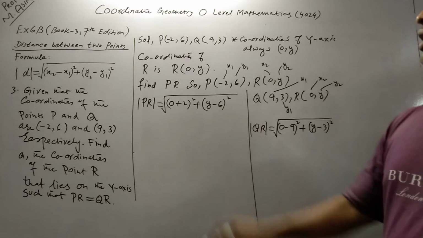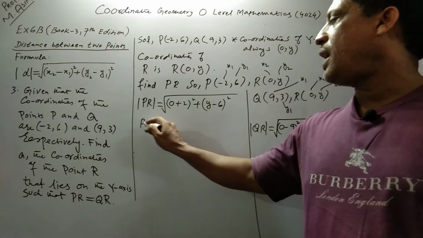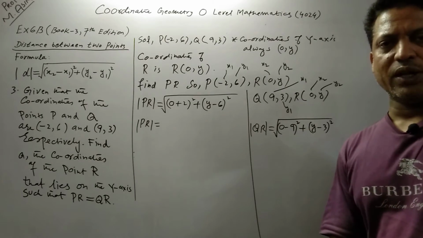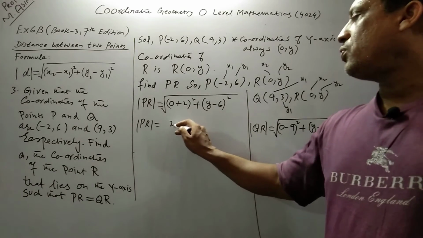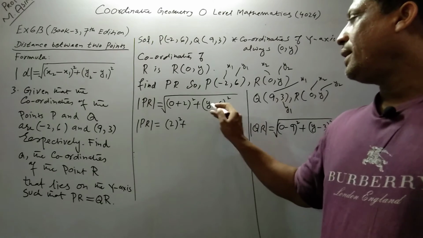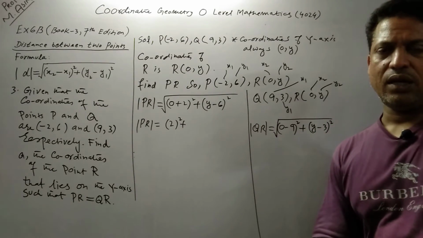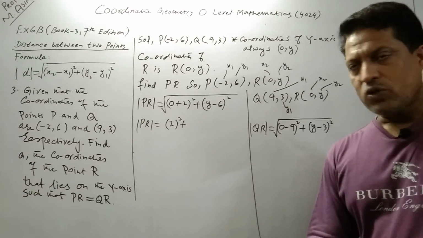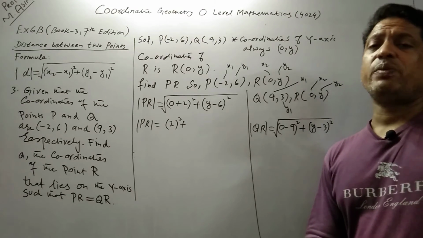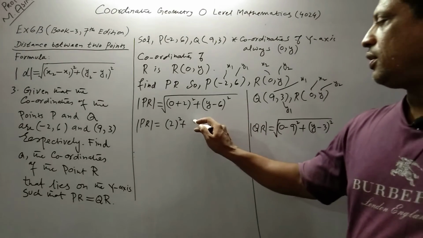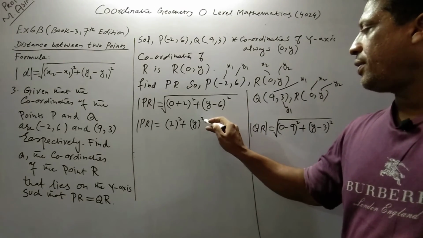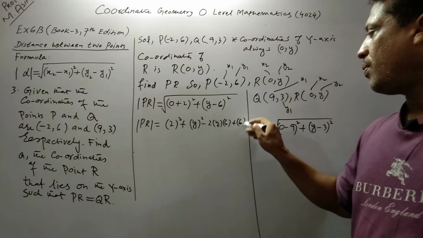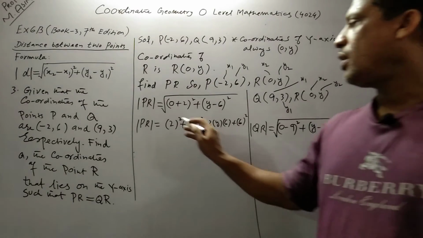Now come to this point. PR equals the square root of, 0 plus 2 is 2, so 2 square, plus y minus 6 whole square. A whole square is always expanded using the formula, so we apply the a minus b whole square formula: a square minus 2ab plus b square.